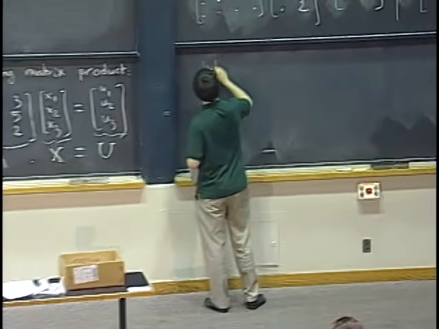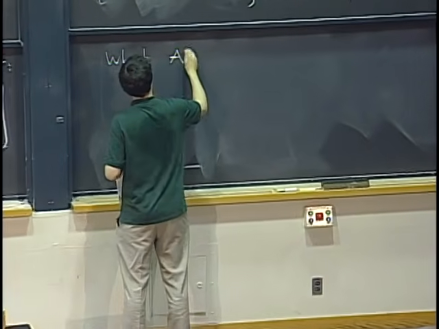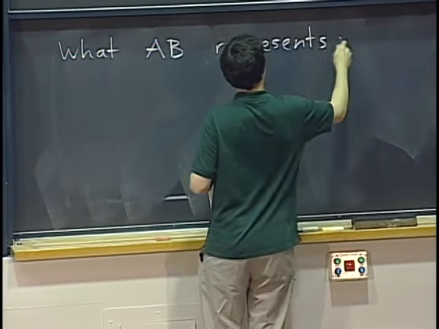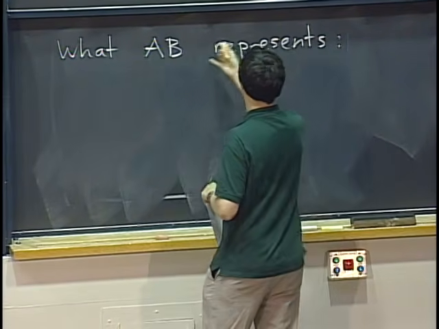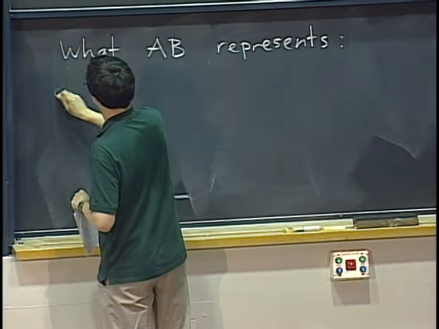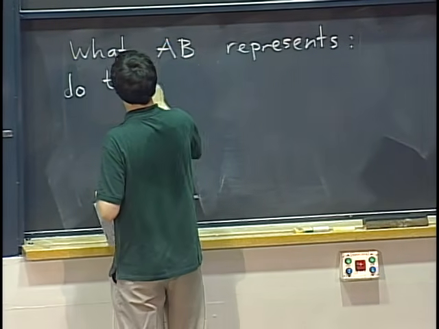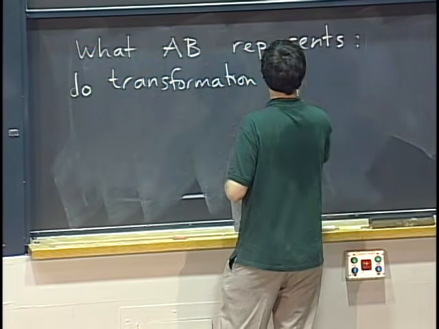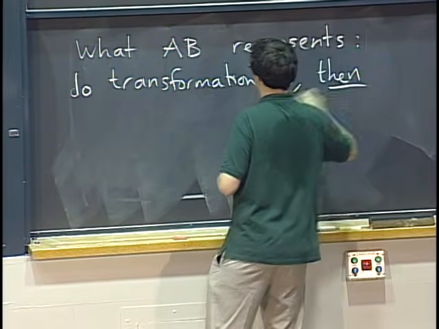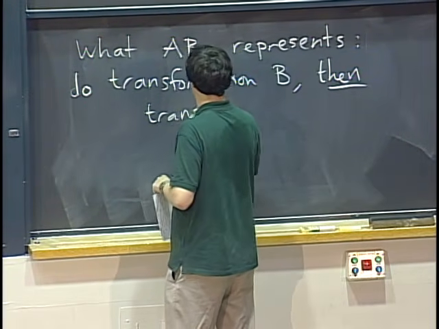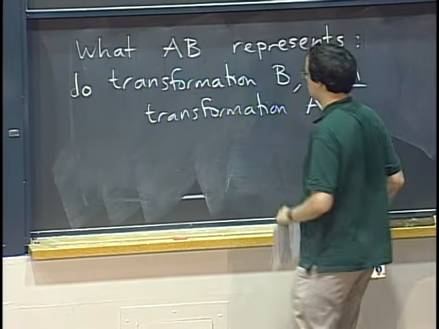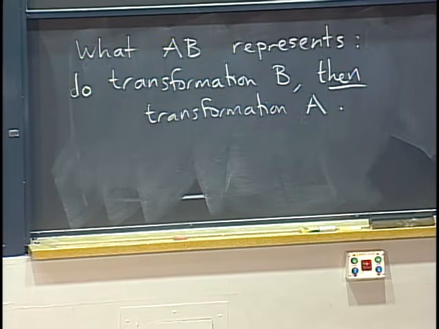So I claim that the product AB represents doing first the transformation B, then transformation A. So that's a slightly counterintuitive thing, because we're used to writing things from left to right.